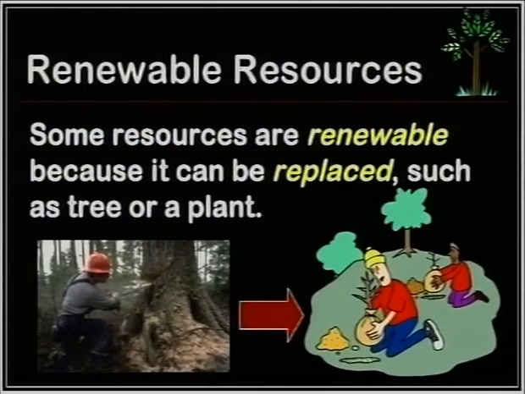Let's have a look. Renewable resources. Class, read. Such as a tree or a plant. Renewable resources can be replaced. When you cut down a tree, the tree is used for building houses or making canoes.